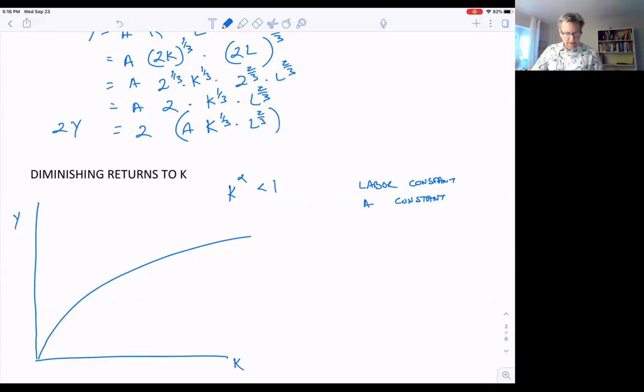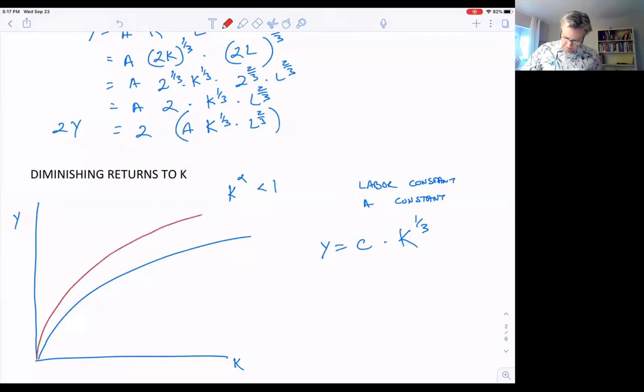So we'd be able to write this as Y equals some constant times, say, K to the 1/3 power, if alpha is 1/3, and the graph would look something like this. The slope is positive, but decreasing. Now, if we increase labor, then we'll still get a curve that looks like this.